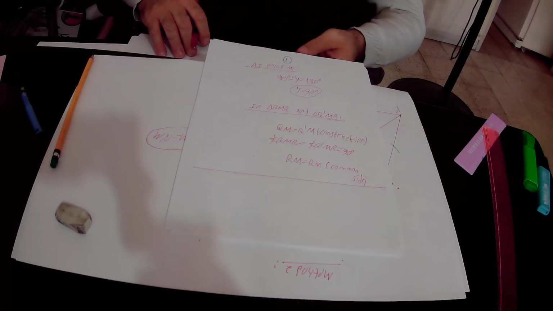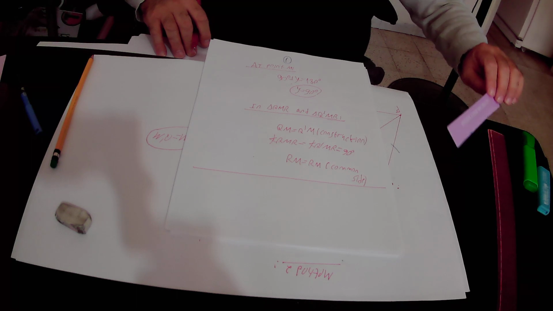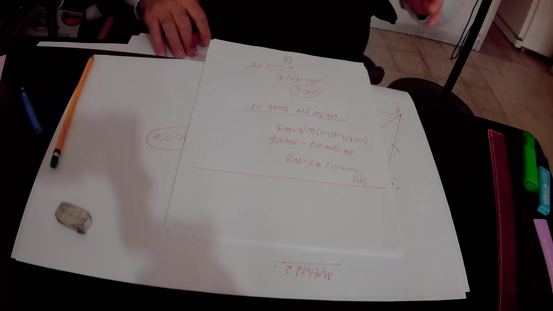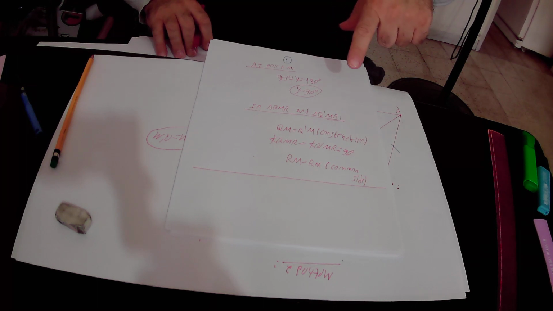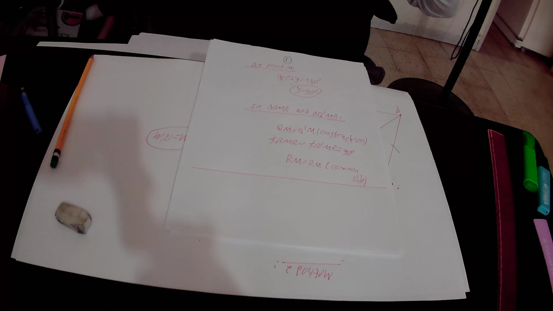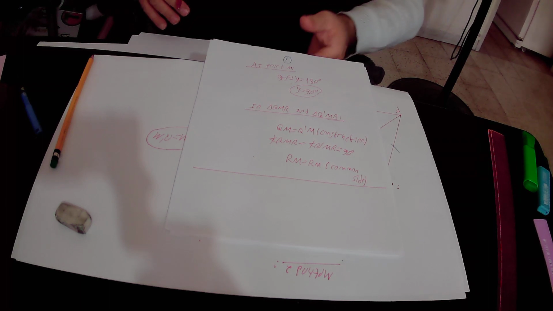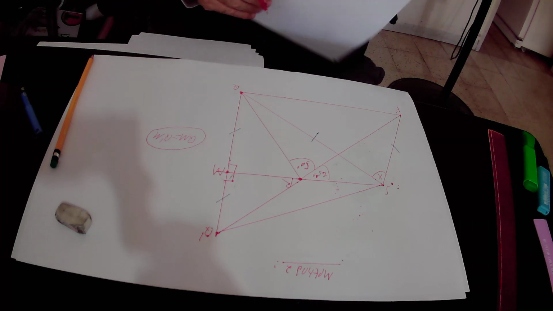RM equals RM. It is a common side. It belongs to both triangles. So we actually proved that the right triangle QMR is congruent to the right triangle Q dash MR according to the side angle side rule. So I write it down.